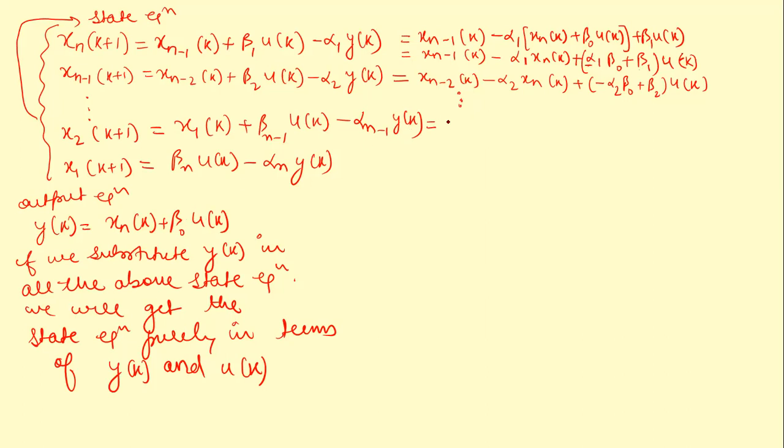So we will have x1k, and then we have minus alpha n minus 1 into xnk, and then we have minus alpha n minus 1 into beta naught plus beta n minus 1 into uk, right?